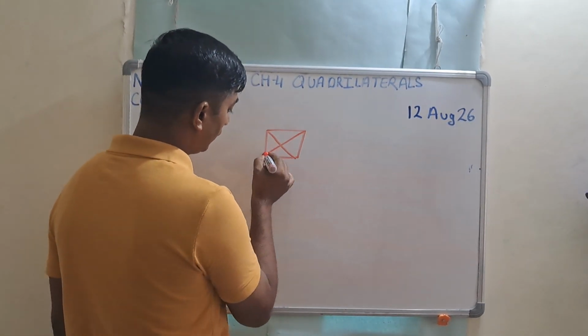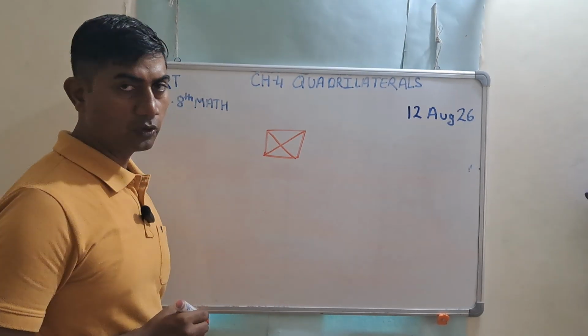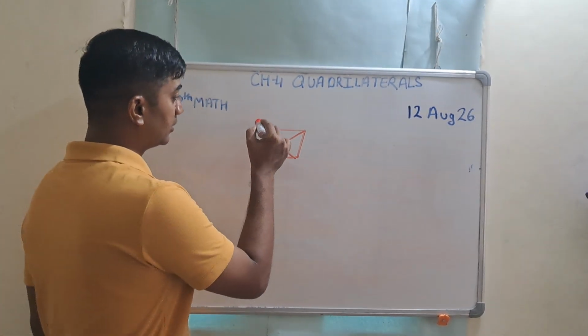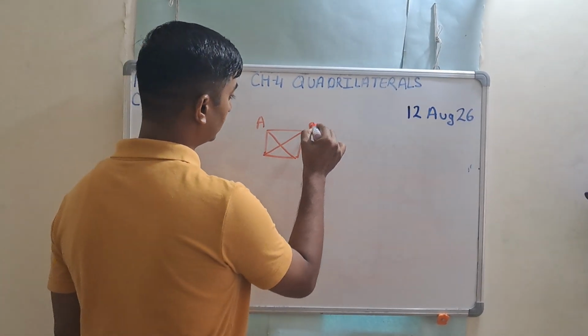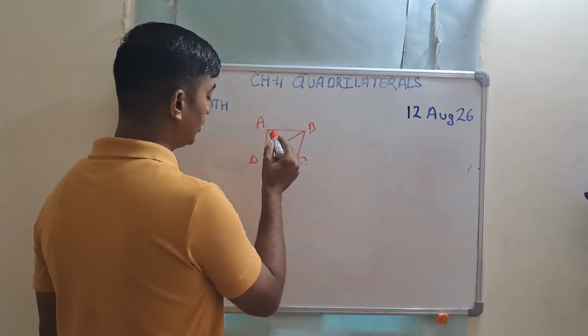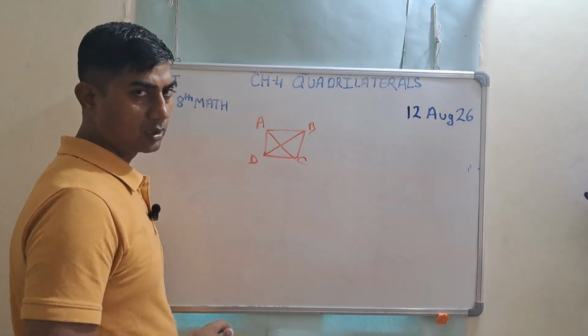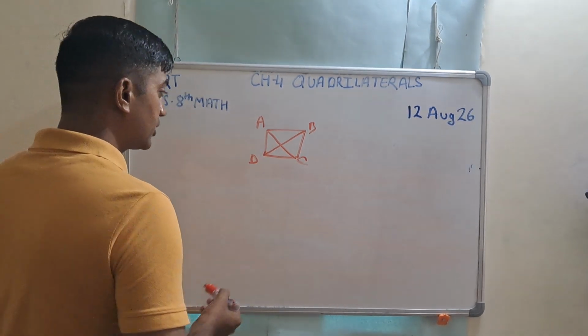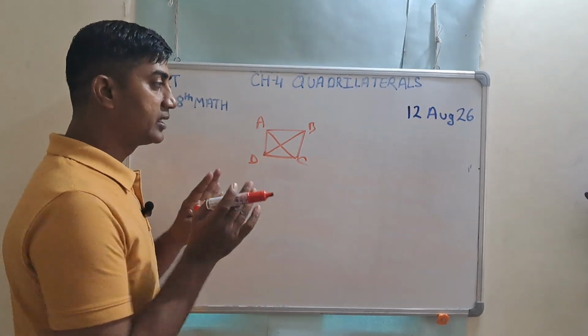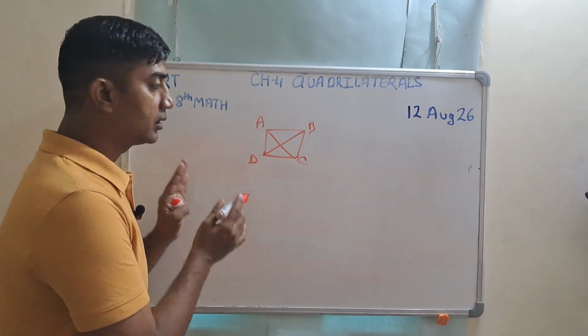Understood? What special thing can we conclude about the diagonals of a square? This is the special case of a rectangle in which all sides are equal. Understood? In which all sides are equal and this figure satisfies all the properties of a rectangle.